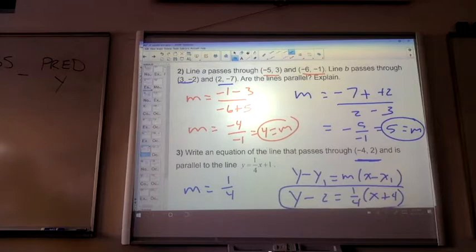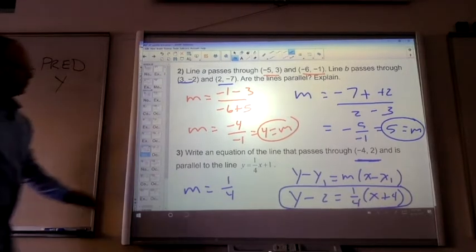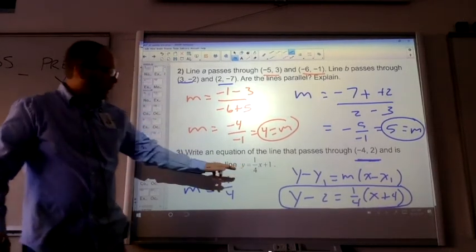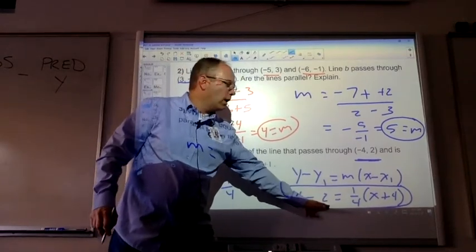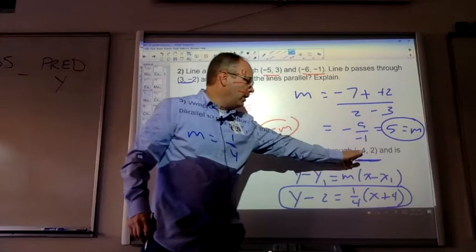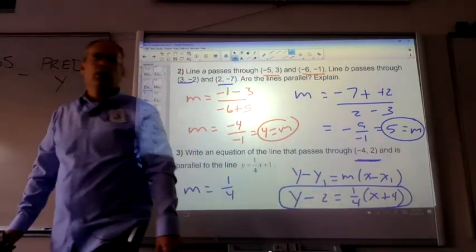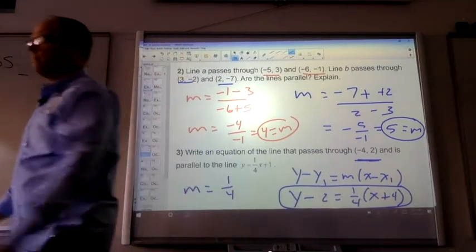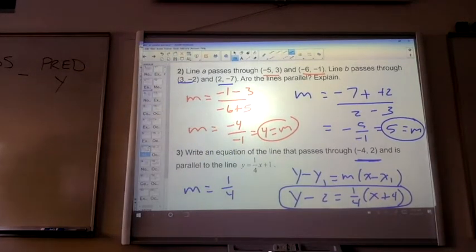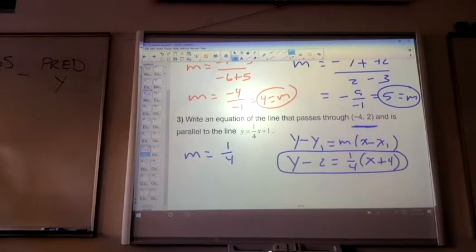So this line here is parallel to this line here. This linear equation also contains the point (-4, 2). And remember, when you plug it in, it's opposite values. Is that right?